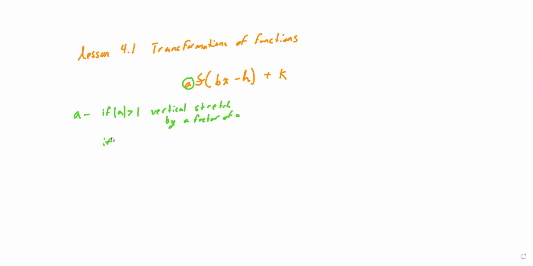If the absolute value, remember, so that it can't go less than zero, is between 0 and 1, it is what we call a vertical compression by a factor of A. Now, the other thing it can do, if A is less than 0, meaning it's a negative, it will reflect across the x-axis.